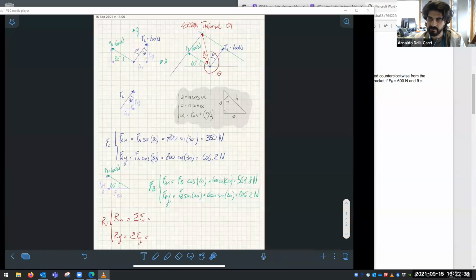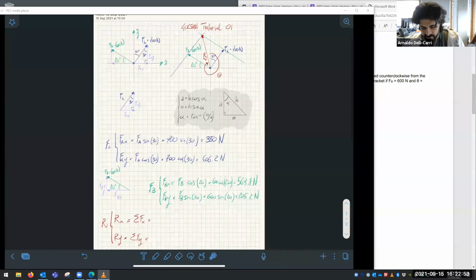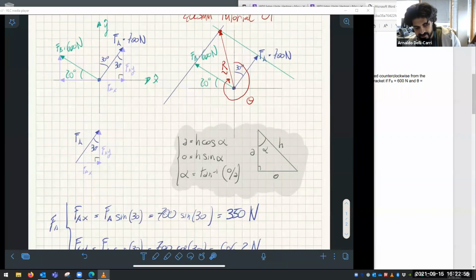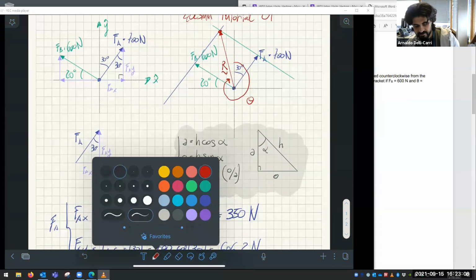Which one is negative? FA or FB? So FAX or FBX? You're saying FBX. I do agree because look, FAX is agreeing with my x-axis. My x-axis is positive rightwards. So FAX is pulling rightwards. So this is positive FAX and negative FBX.